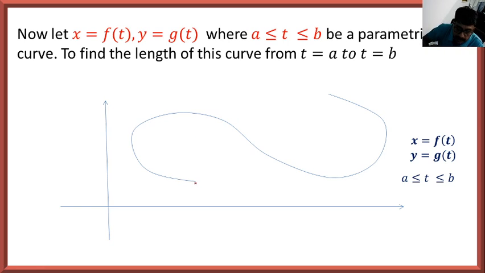So this is the point t is equal to a, that is f of a, g of a, and this is the point f of b, g of b. Here we are assuming that this curve will not intersect anywhere except at the endpoints. That assumption is also made here.